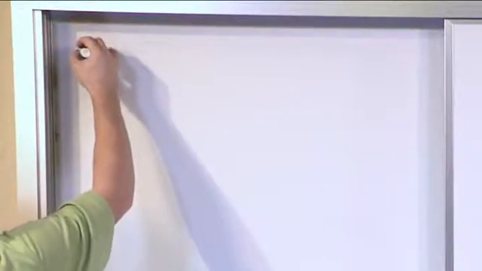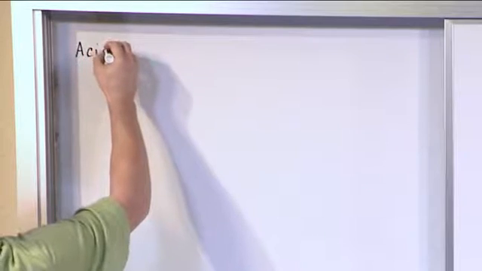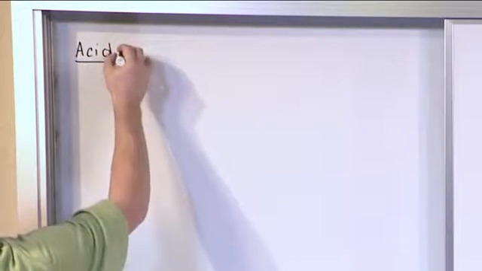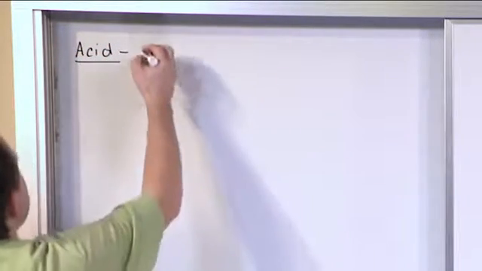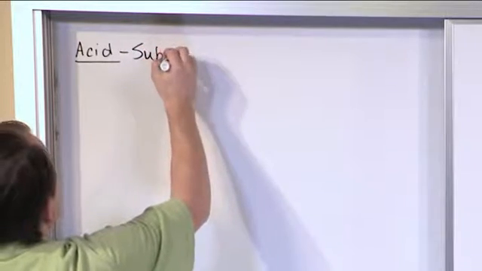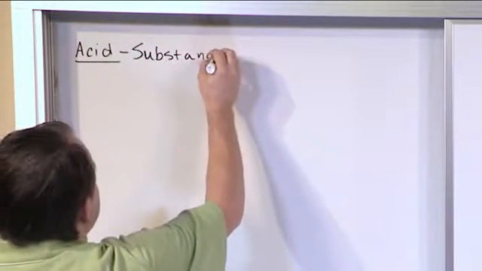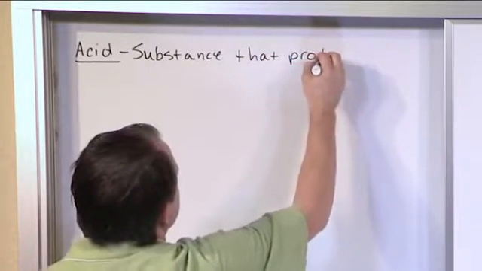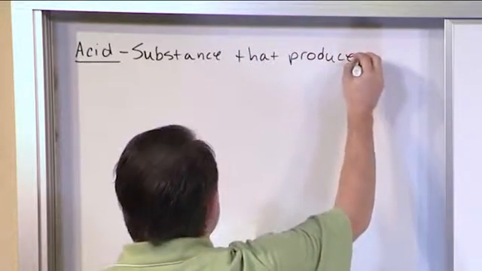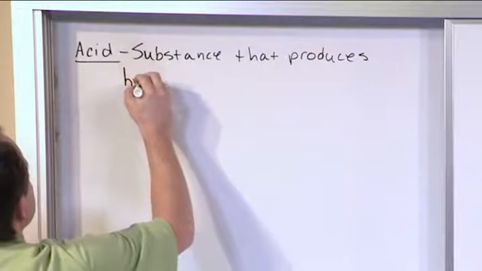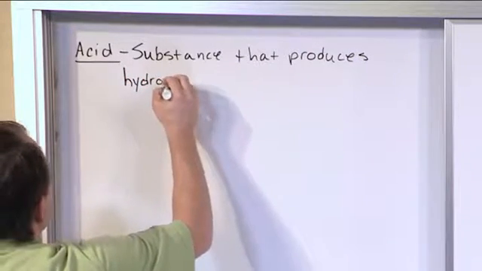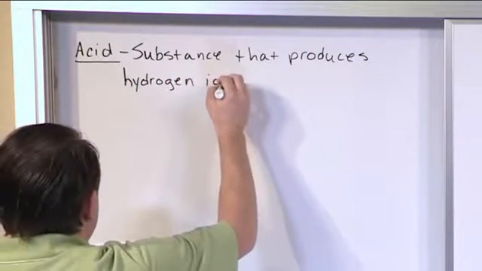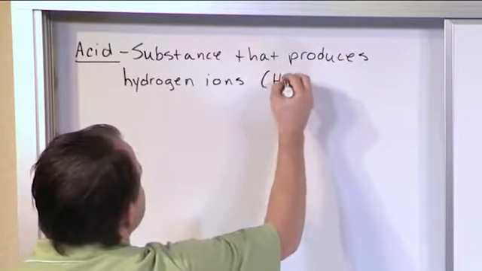So let me show you what we're talking about here. An acid. If you're asked on your test to write down the definition of an acid, really this should be the only thing you need to write down. It's a substance that produces hydrogen ions, and we write this as H+.